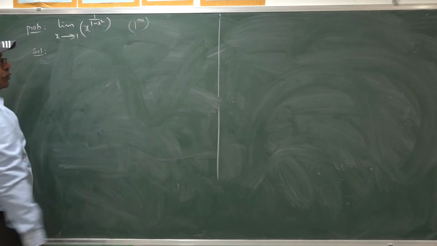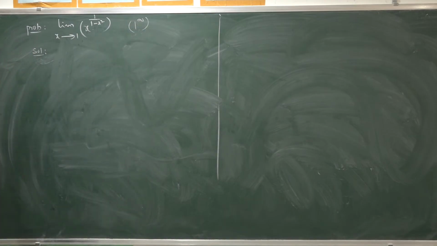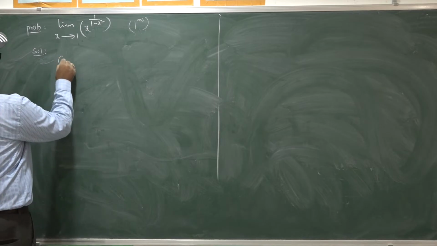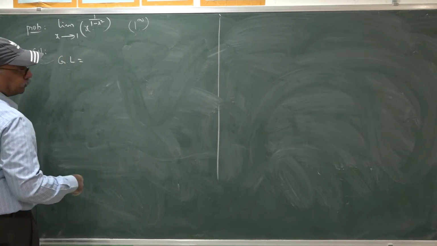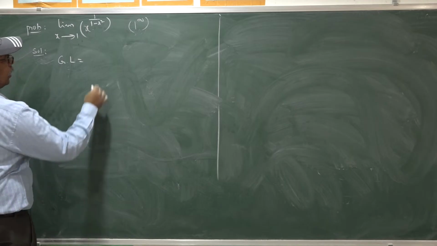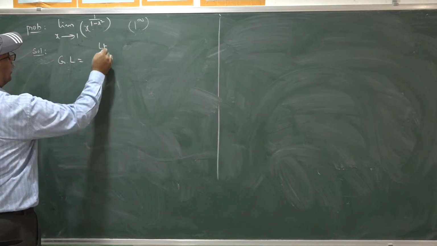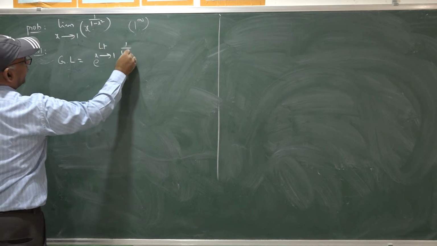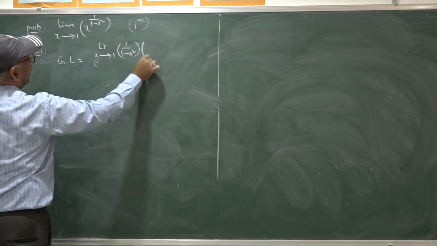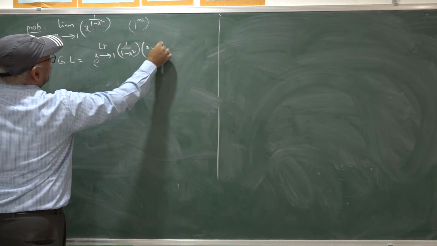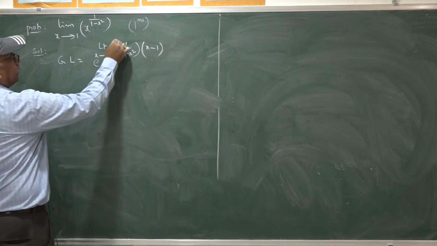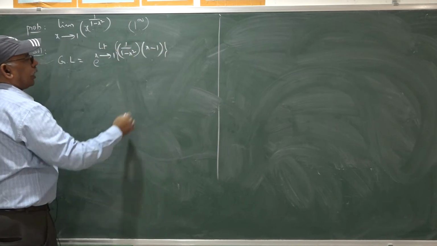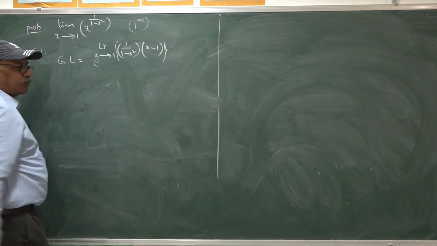Clearly, the limit reduces to 1 power infinity form. In such a case, the given limit may be written as e power limit as x goes to 1, the exponent 1 by 1 minus x square into base function minus 1. Already the formula is given to you.